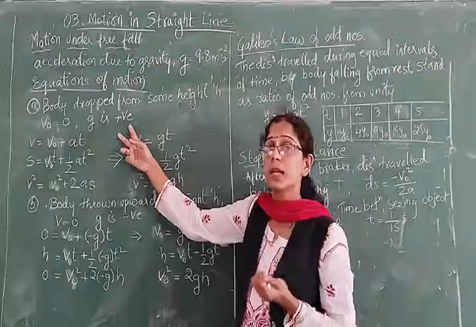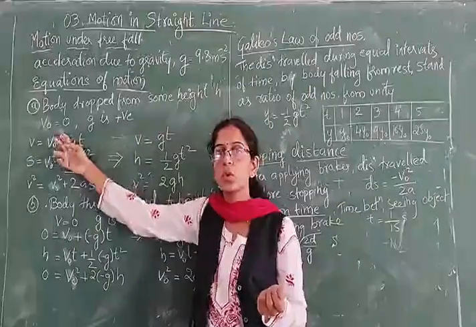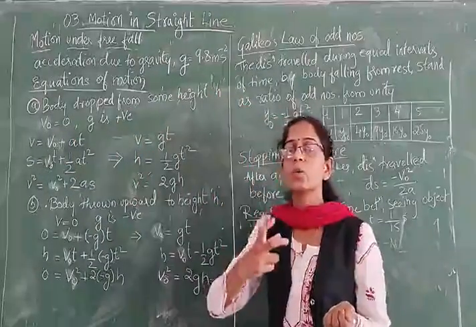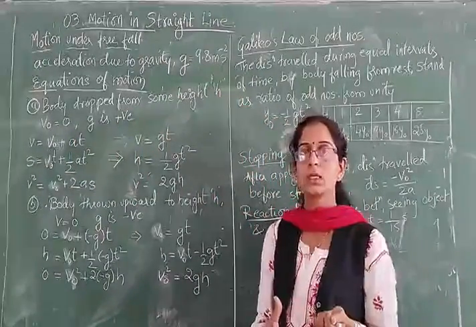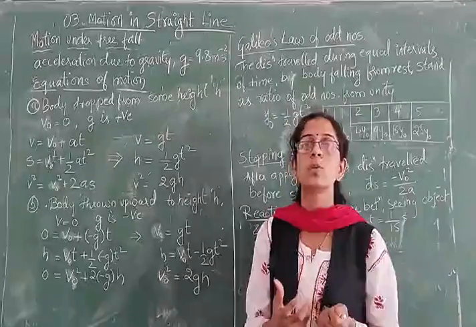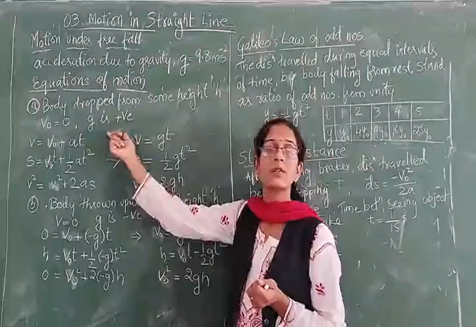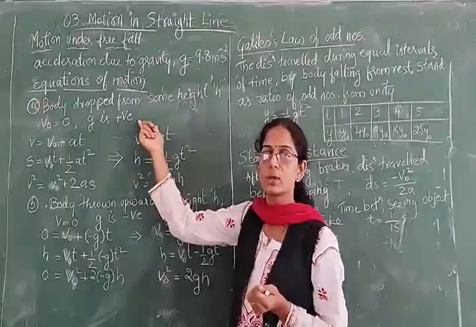Or the other way you can see it: the initial velocity v0 is equal to 0 and as the object moves downward, its velocity also increases. Whenever velocity increases, acceleration is taken to be a positive quantity. Therefore, the acceleration due to gravity g is taken to be positive.